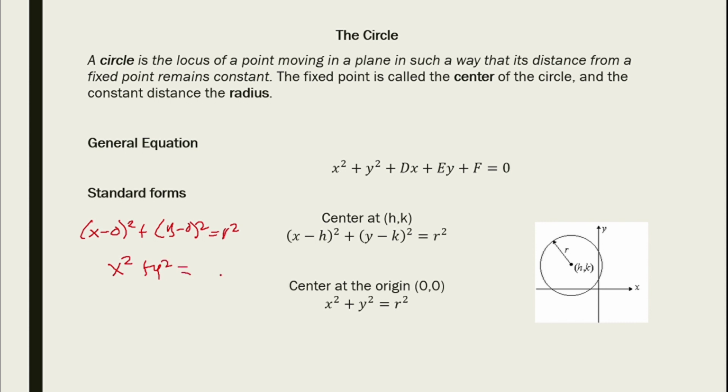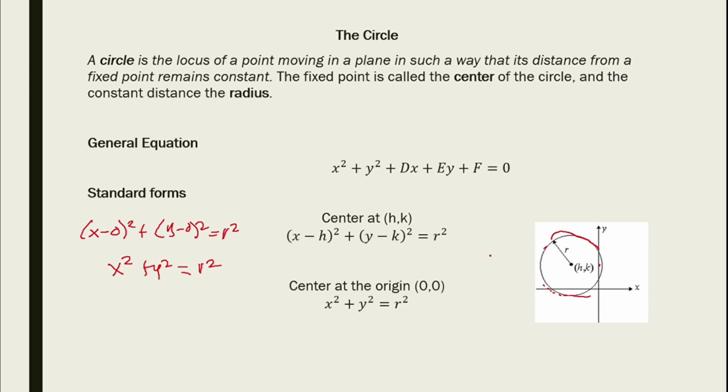So it's stated that the circle is a locus of a point moving in a plane in such a way that the distance from a fixed point remains constant. This is a locus of the point moving like this. The fixed point is called the center of the circle, and the constant distance is the radius.